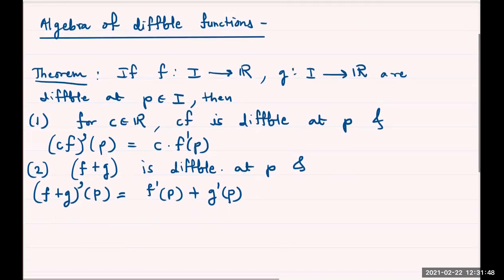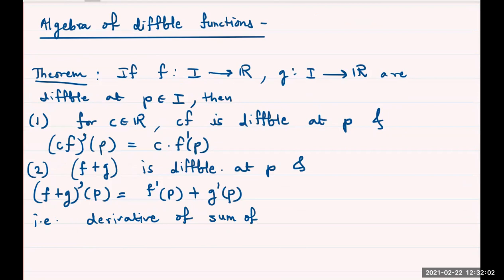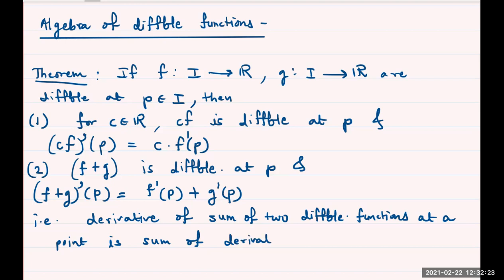Another way of reading is that the derivative of the sum of two differentiable functions at a point is the sum of the derivatives of the functions at that point.